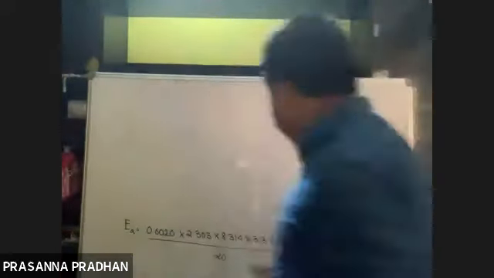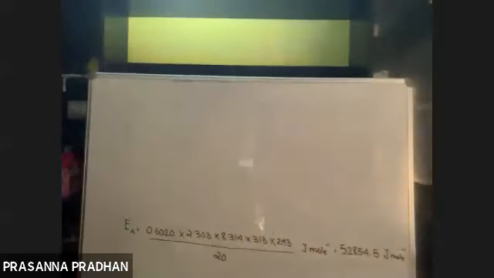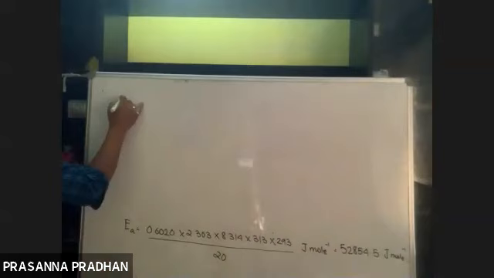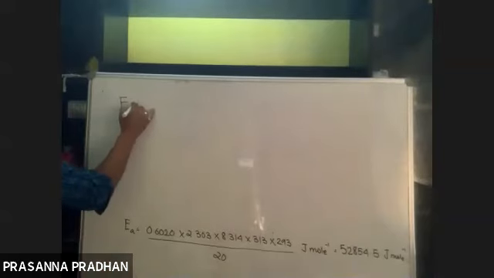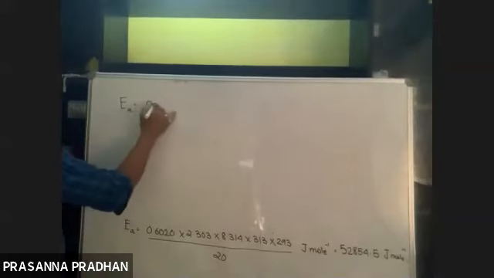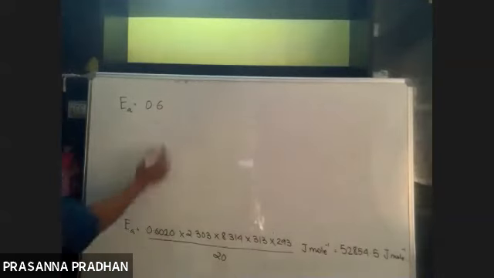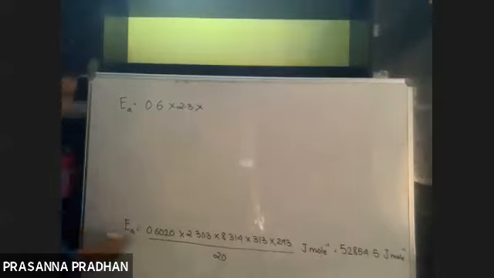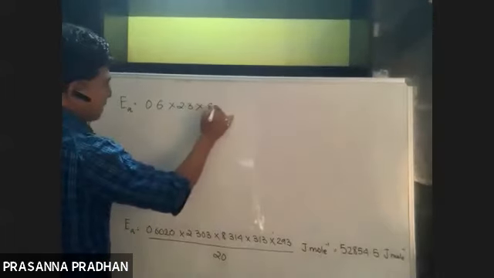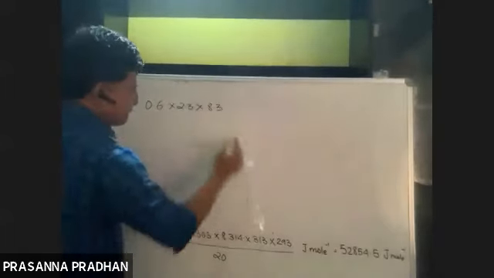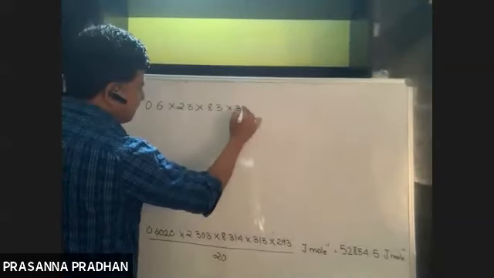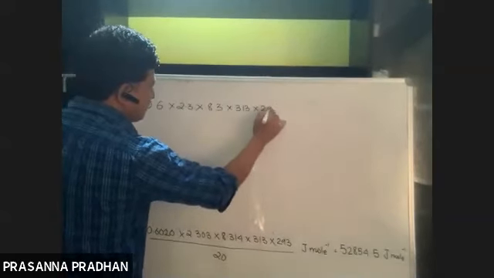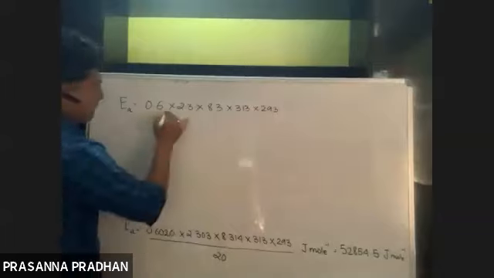So now this is the answer. Now what will I do? I'll just approximate it. EA is equal to 0.6, I'll take this as 0.6, I'll take this as 2.3, I'll take this as 8.3, and you have to take 313, 293 divided by 20.